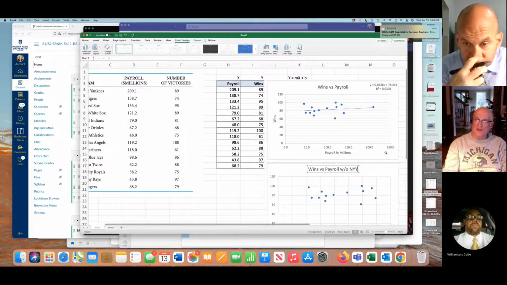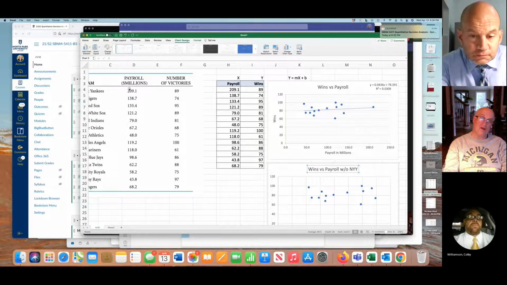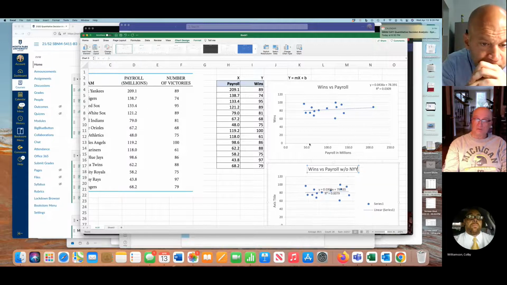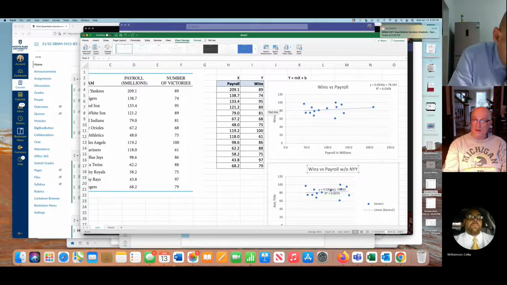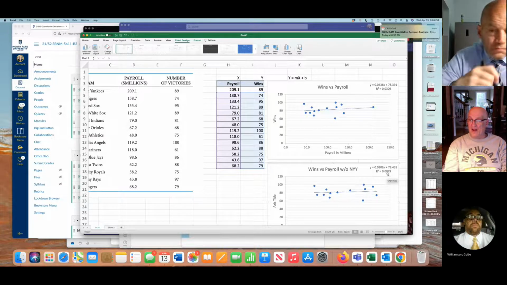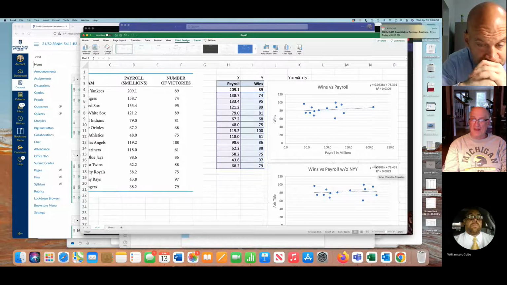Okay, I don't need this. Now I'm going to put a regression line around it. Got the same thing. I don't need this. I only have one data series, so I don't need the key. Now my R squared has gotten even worse. My slope is even closer to 0. I would say this is not a good model. Either one of these I would say is not a good model.